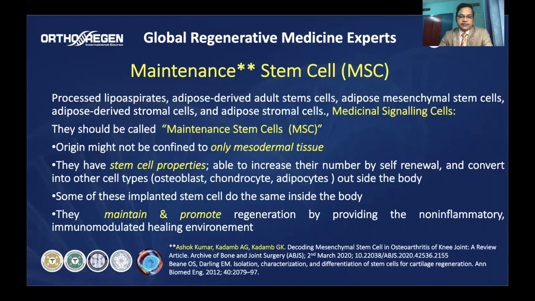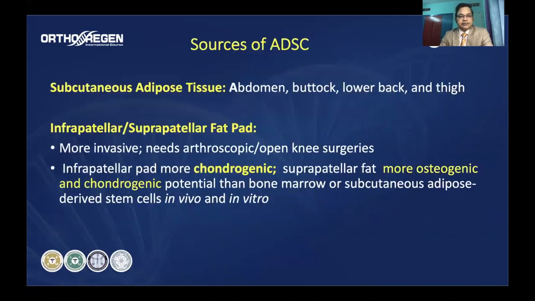These cells have been shown, outside the body, to renew, divide and increase their numbers, and differentiate into other cell types like bone, cartilage, and adipocyte, which is a characteristic of a stem cell. So they basically act by maintaining and promoting a regenerative environment, providing a non-inflammatory and immunomodulated healing environment, which we will discuss in subsequent slides.